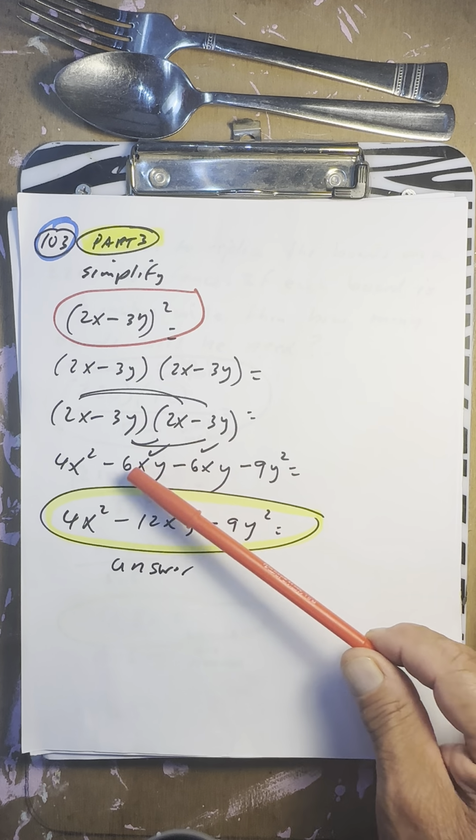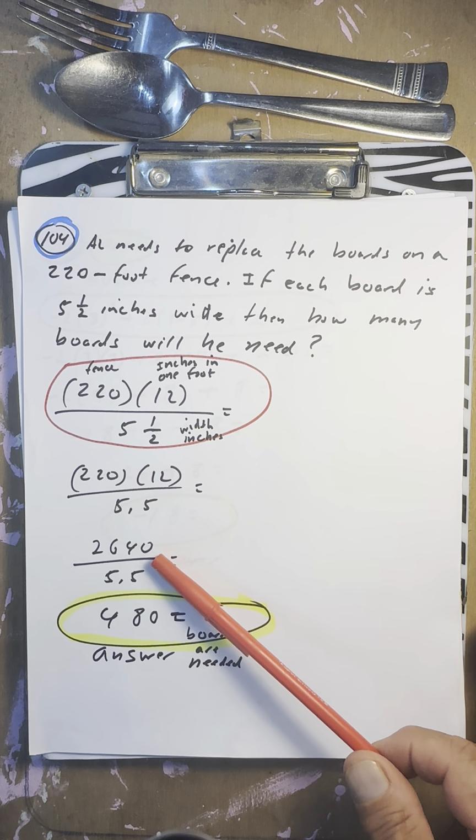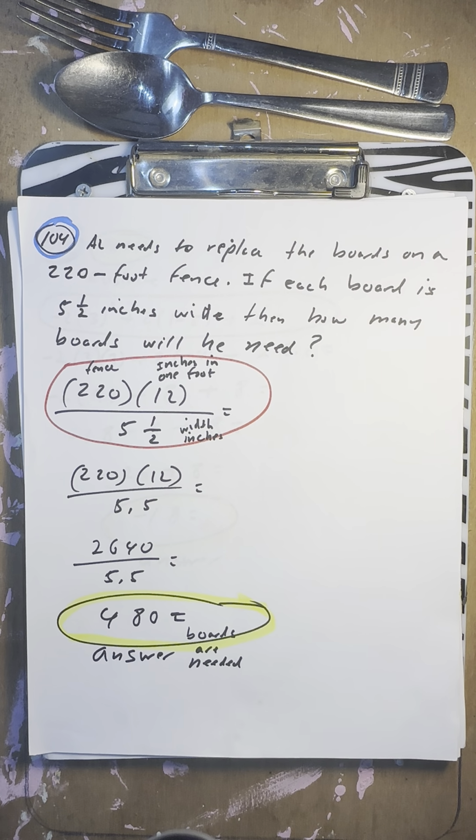Each board is how wide? 5.5. Now multiply this number up here, and you're going to get 2,640 divided by 5.5. If you do it on your calculator, you're going to get 480. So you need 480 boards to cover that 220-foot fence.